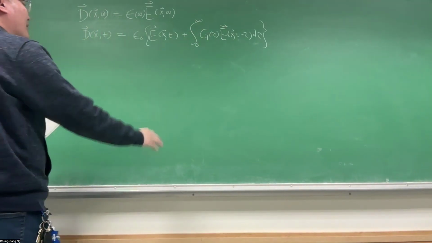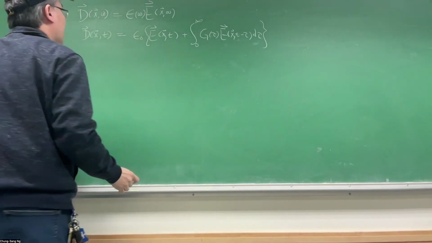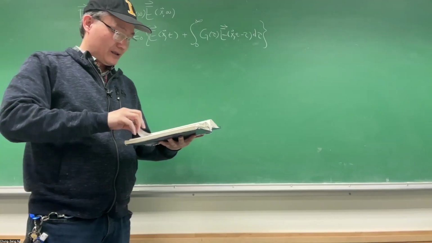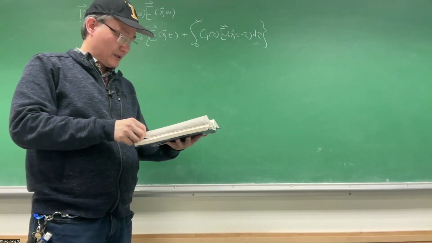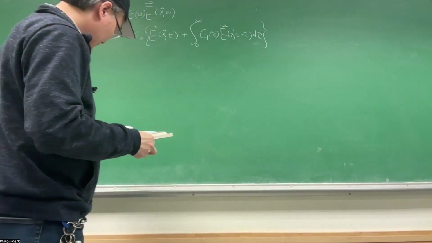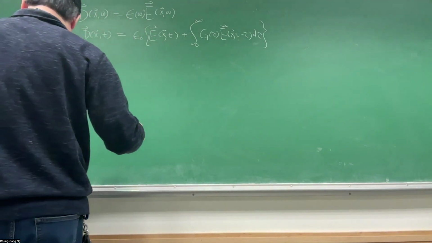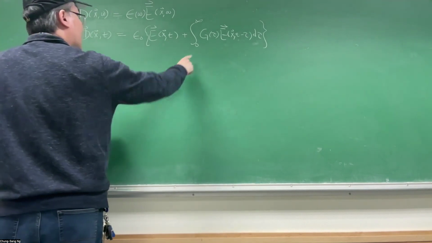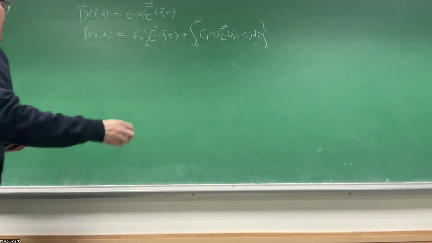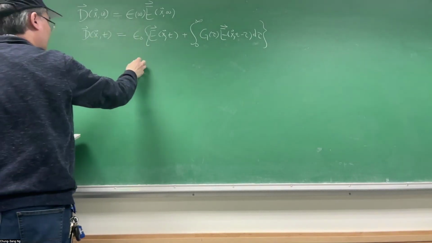The mathematical consequence of this is quite significant, but it needs a lot of complexity to show. One result immediately is that this g function is related to epsilon like a Fourier transform.